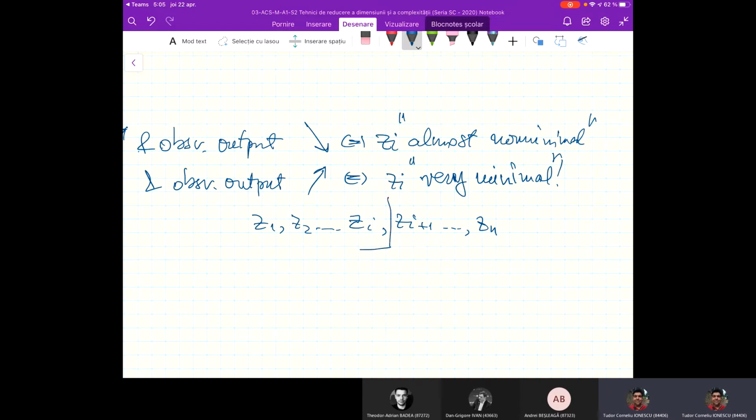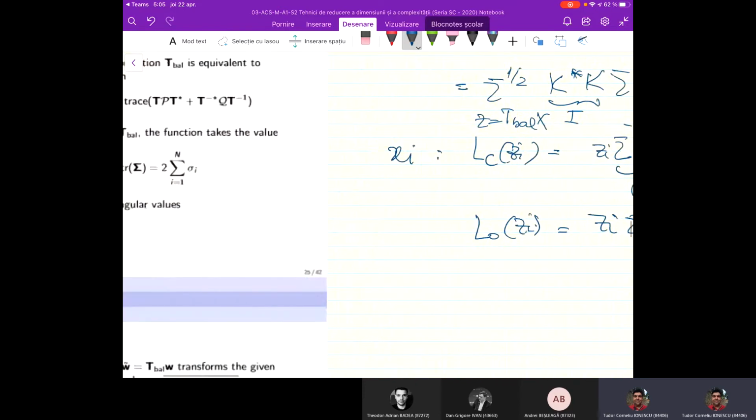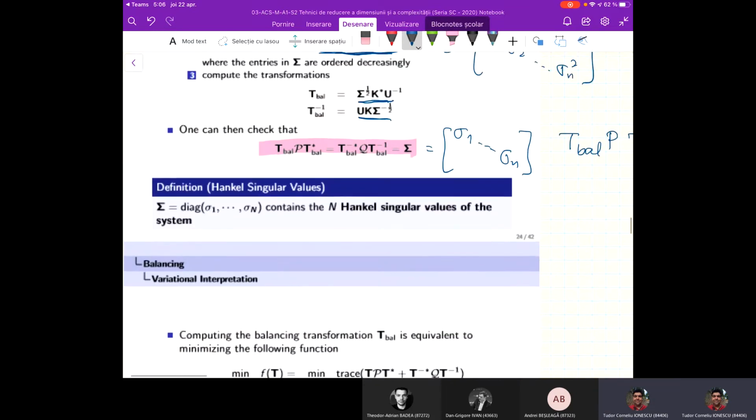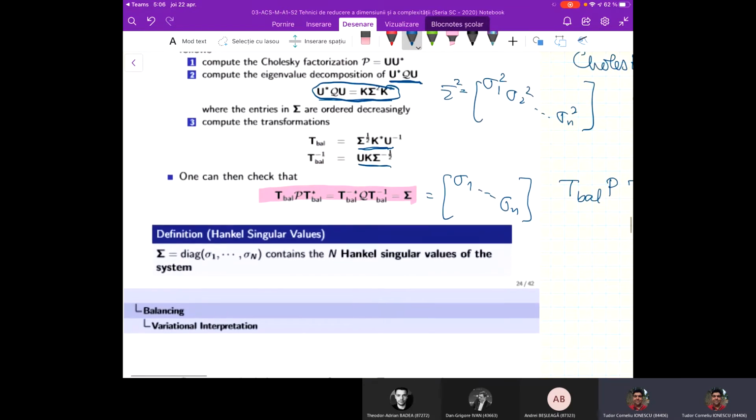You only keep the first important coordinates, because from sigma 1 to sigma i, the Hankel singular values are relevant. Then the Hankel singular values are small, and hence you can neglect that part. So sigma equals diagonal of sigma 1 up to sigma n contains the n Hankel singular values of the system.